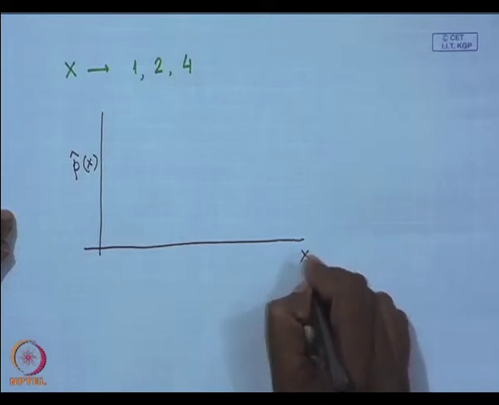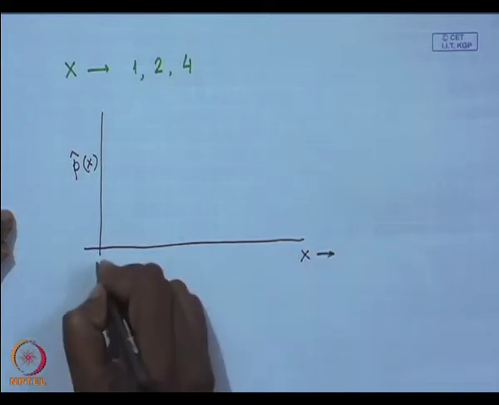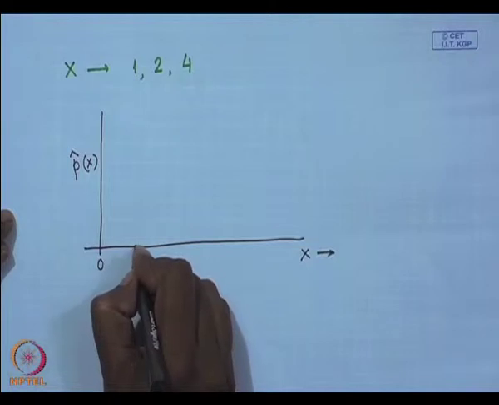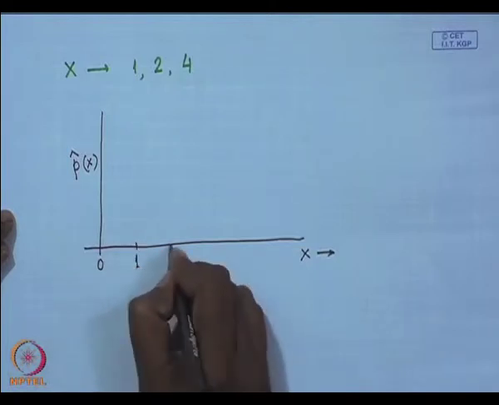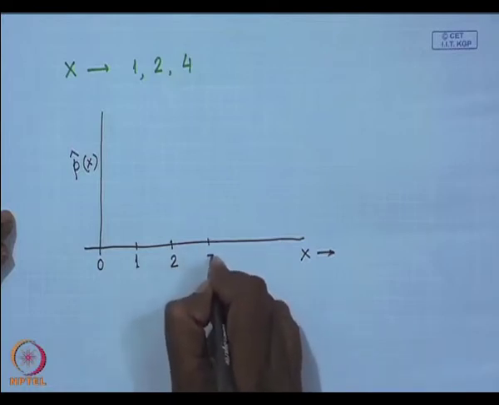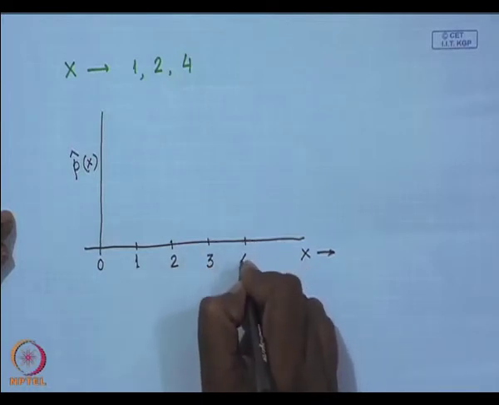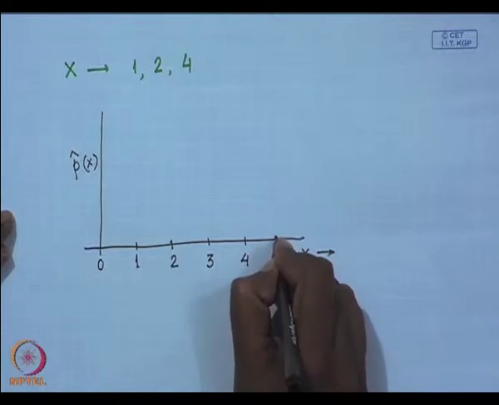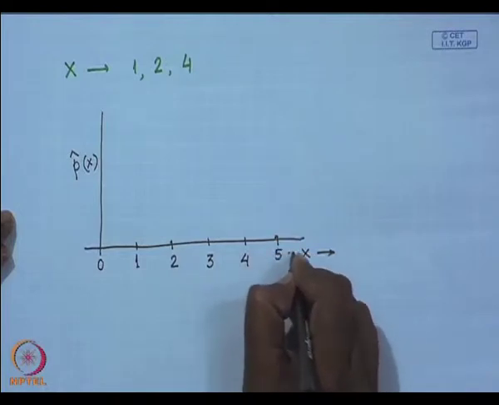And along the horizontal axis, the x axis, I will put this scalar variable x. So, this is 0, this is 1, this is 2, this is 3, this is 4, this is 5 and so on.